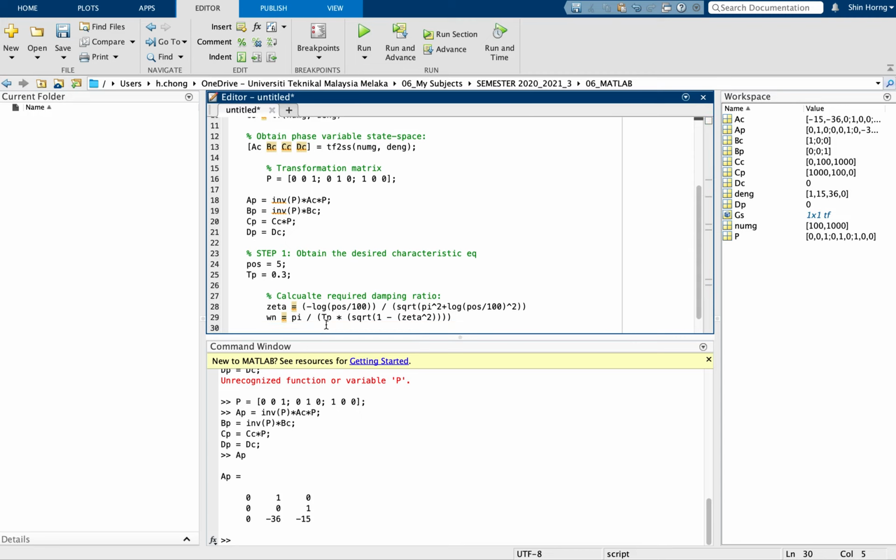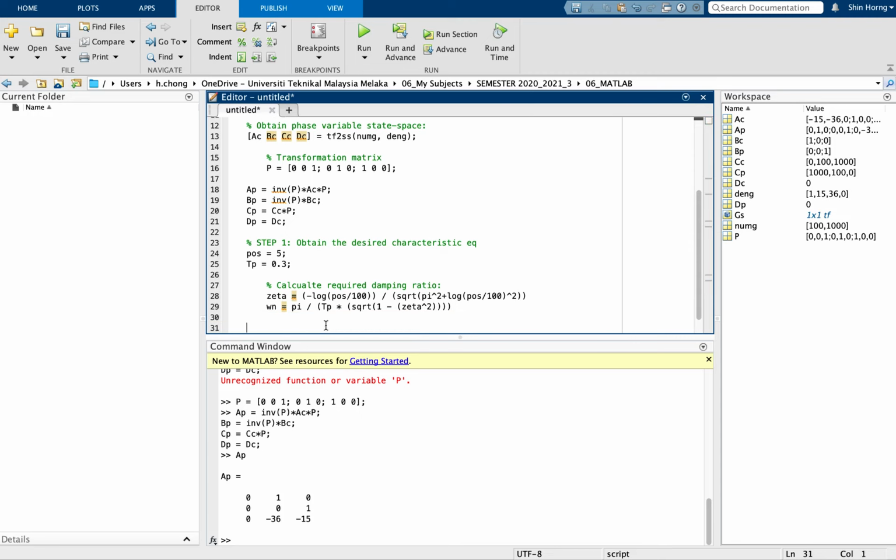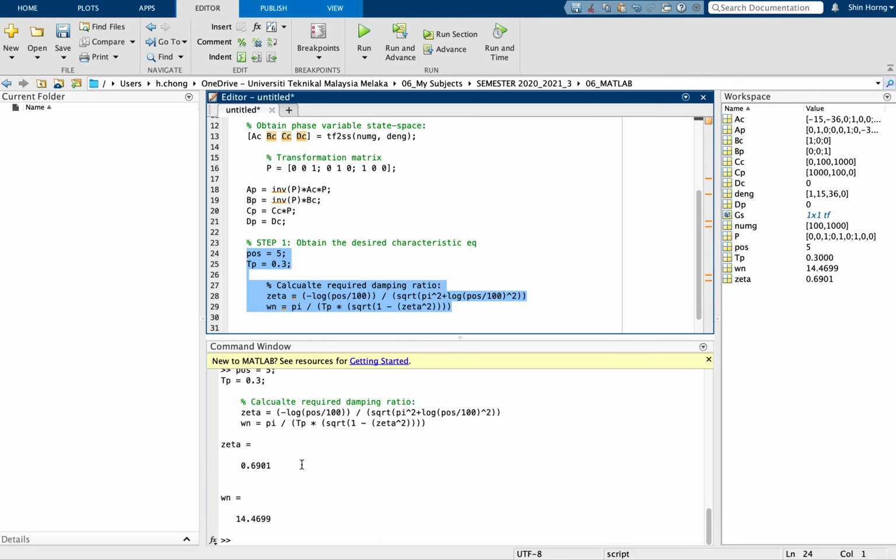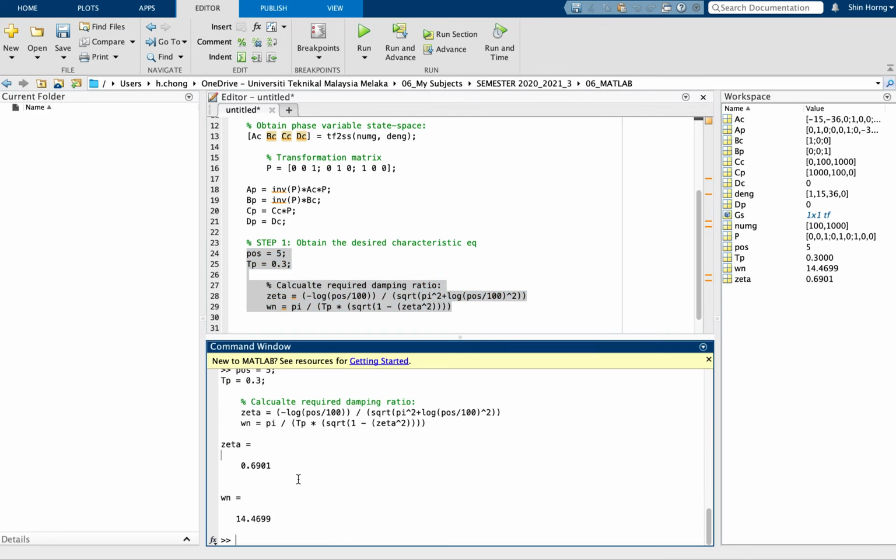Let's see, maybe if we miss some brackets, perhaps it will tell us later. Let's run this. Alright, as we calculated in the class, zeta is 0.69, omega n is 14.47 radians per second.